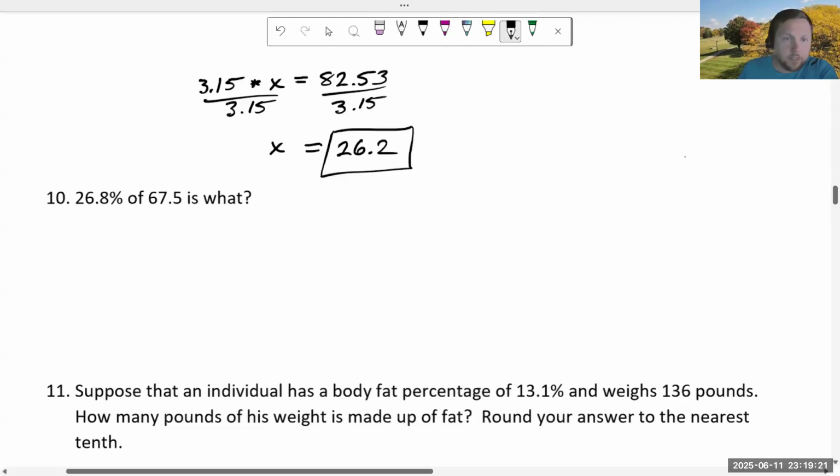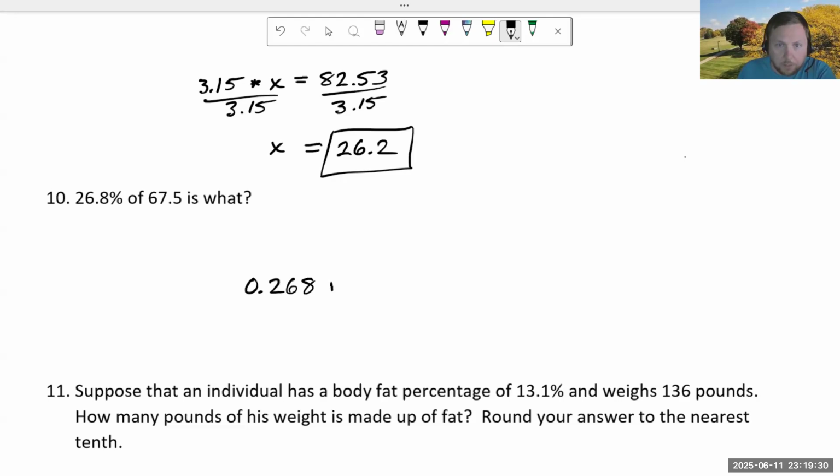26.8% of 67.5 is what? So convert the percentage to a decimal. Of means multiply. 67.5 goes as is, is becomes an equal sign, and what becomes X. Now, this one's pretty trivial.